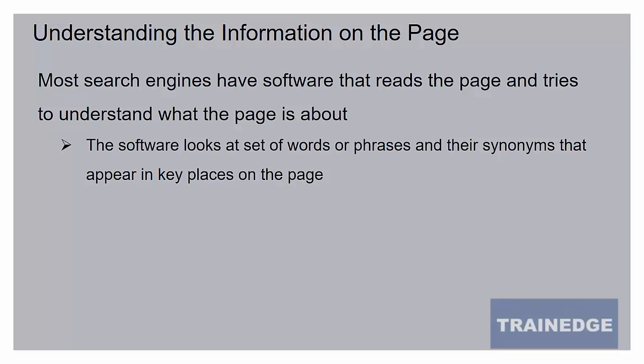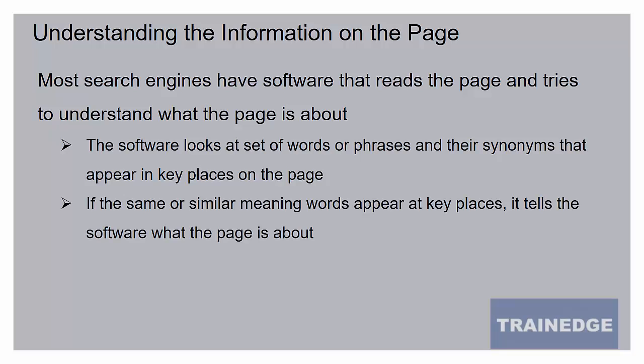So it'll read through the pages and try to see if the page has significance for the term places to see in Goa. If the same words or similar phrases appear at many different places and at important places on the page, it's an indication to Google that the page is about Goa tourism, places to see in Goa.